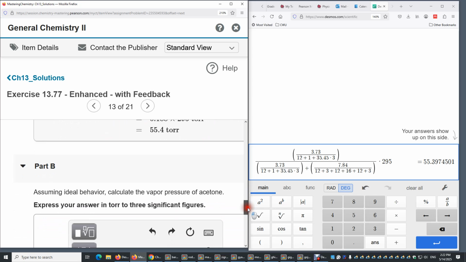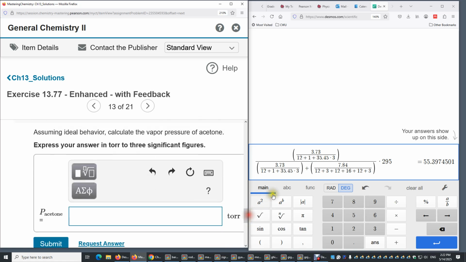Part B, assuming ideal behavior, calculate the vapor pressure of acetone. So we need to change this mole fraction to the mole fraction of acetone. One way is to replace the numerator for chloroform to the number of moles for acetone.